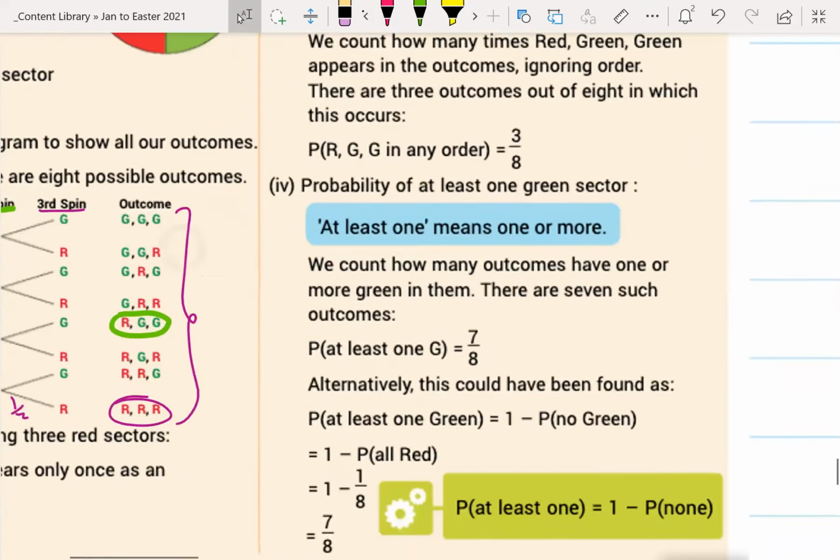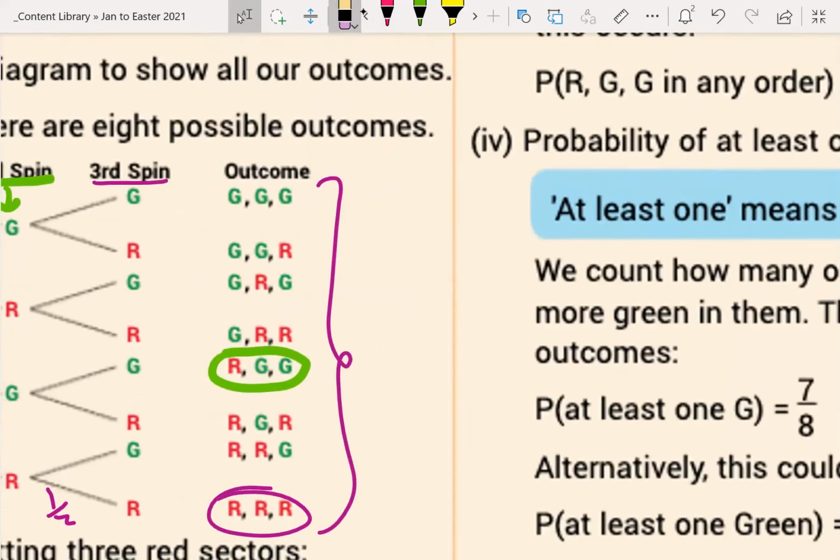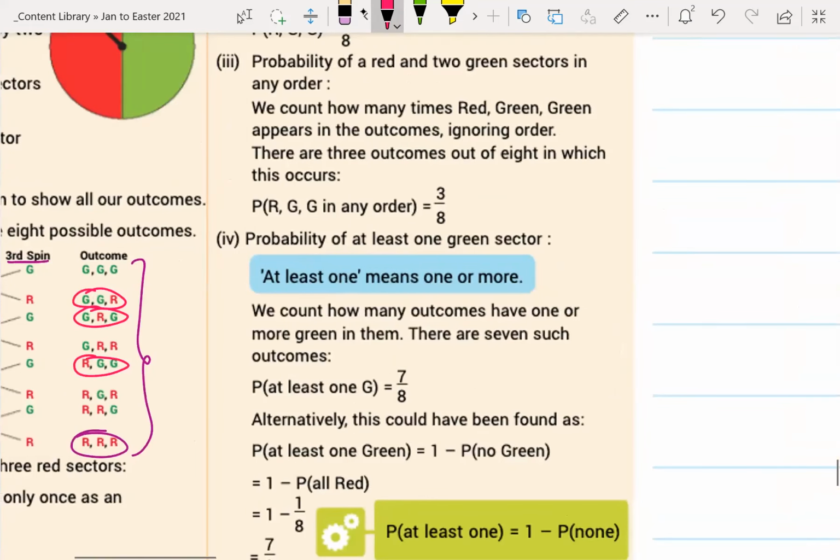Let's have a look more closely. So a red and 2 greens, that's 1. A red and 2 greens, another one. A red and 2 greens, another one. And that's it. So as they said, 3 out of the 8, okay?